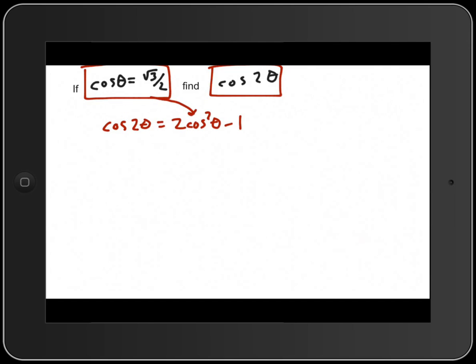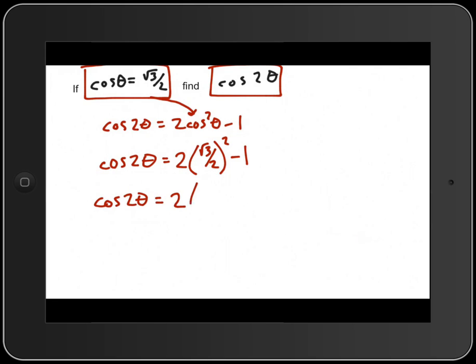I take this value and plug it in for the cosine. So this becomes cosine 2 theta is equal to twice the square root of 3 over 2 quantity squared minus 1. So that gives me cosine 2 theta is equal to twice. Now I'm going to square this. So the square root of 3 squared is 3. 2 squared is 4 minus 1. You can pop that in your calculator and you get cosine 2 theta is equal to 6/8 minus 1 is a negative 2/8.